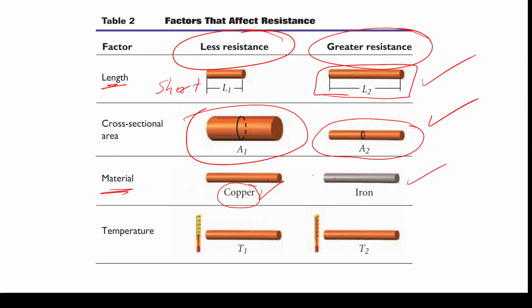The next thing is temperature. If the temperature is low, which is the first case, then resistance will also be low, because the atoms inside this wire, which are opposing the motion, which are opposing the charge, are not moving very fast. Therefore, when the charge is trying to pass by, they don't bump into these charges a lot, because they're not moving a lot.